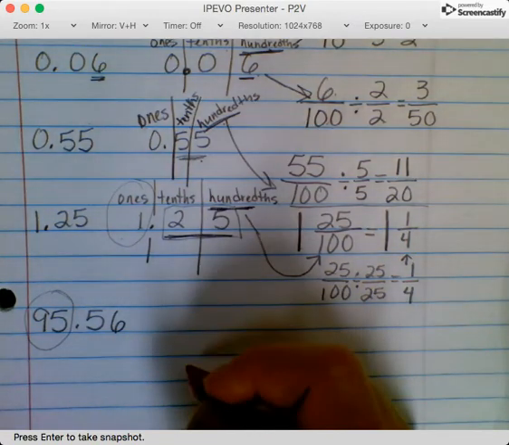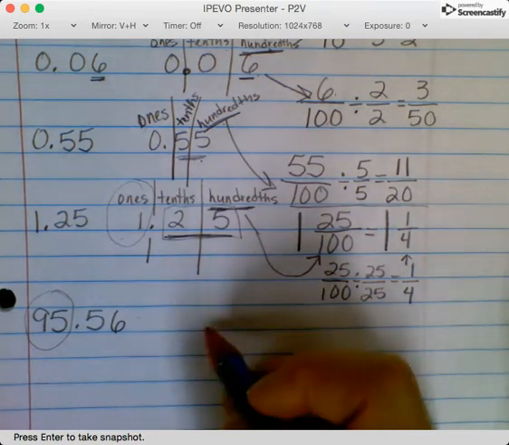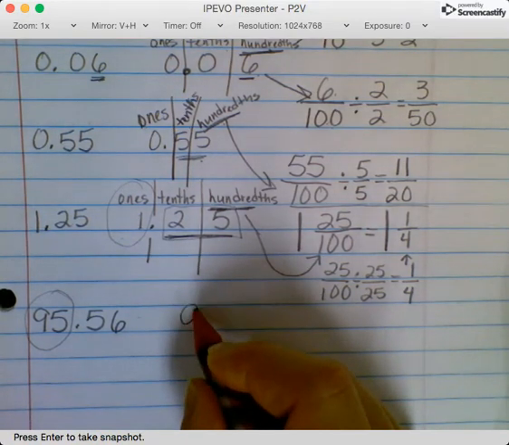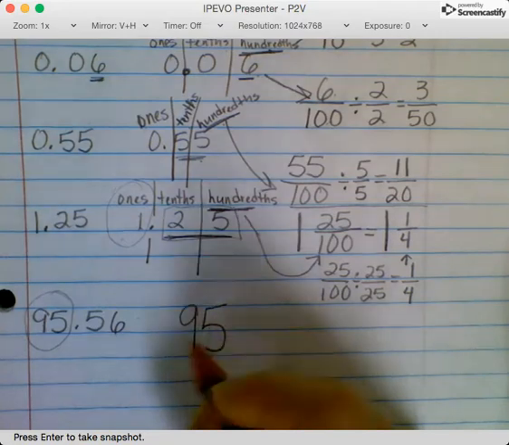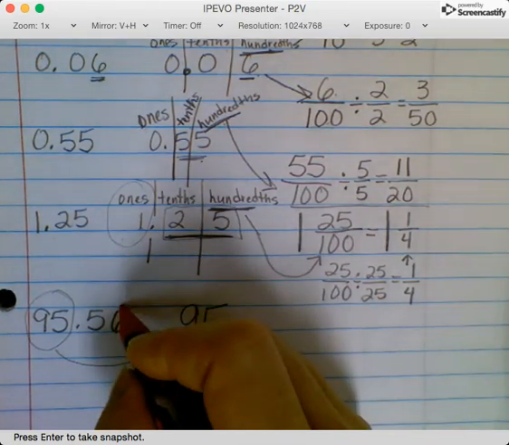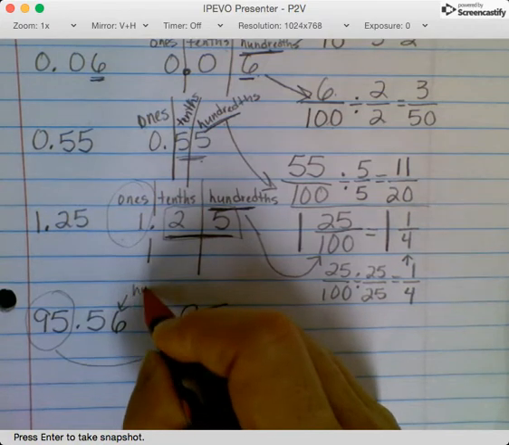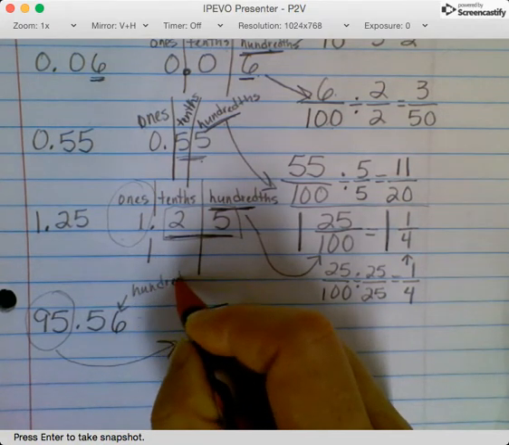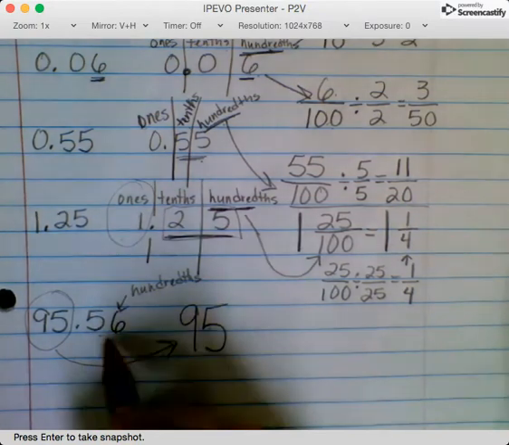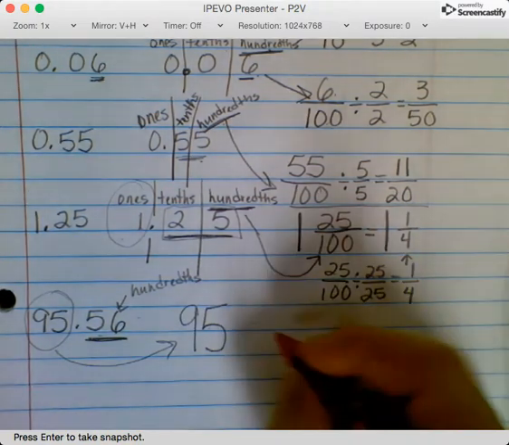So since that is before the decimal, I'm not going to write the place value chart on there anymore. I'm just going to show you the number. So 95 is my whole number. It's before the decimal. The 6 is in the hundredths place.